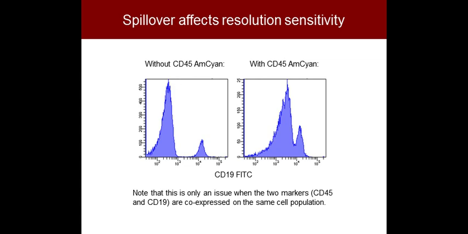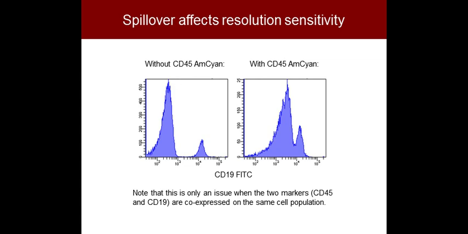Because of that spread of the negative population from the spillover of AmCyan into FITC. The negative population now is not only shifted to the right, it's actually spread, and if we didn't have a log scale but a bi-exponential scale, you'd see that it actually spreads way below zero, and that now means that it's hard to resolve those CD19 positive cells.